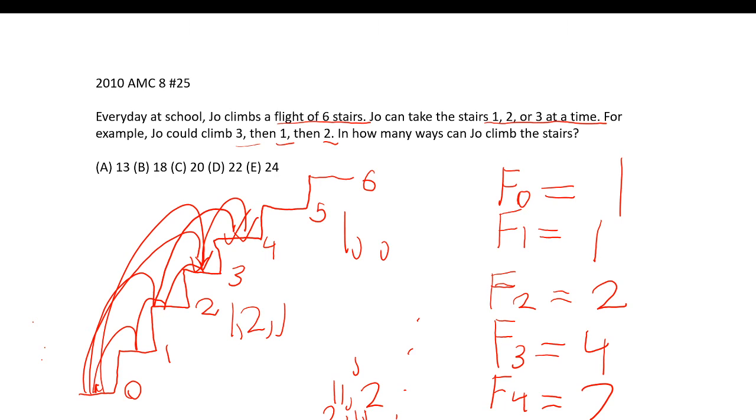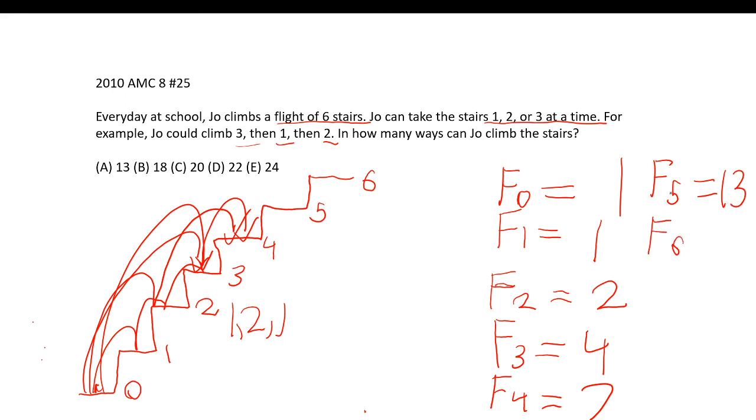And now to finish off the problem, we just need to finish off all of our cases until we reach, well, what's our desired value? We need F6. So we keep continuing. F5 is F4 plus F3 plus F2: 2 plus 4 plus 7. 2 plus 4 is 6, 6 plus 7 is 13. Now we need F6.